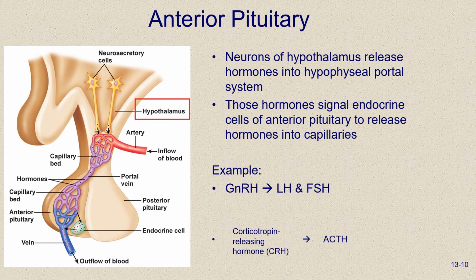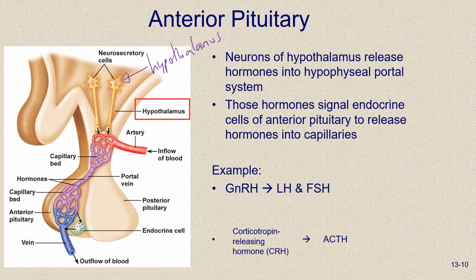If we look at the anterior pituitary gland, the functional relationship between the hypothalamus and the pituitary is a little bit more complex. We still have a set of neurons whose cell bodies are located in the hypothalamus. But in this case, what happens is their axons are relatively short and they don't really leave the hypothalamus.